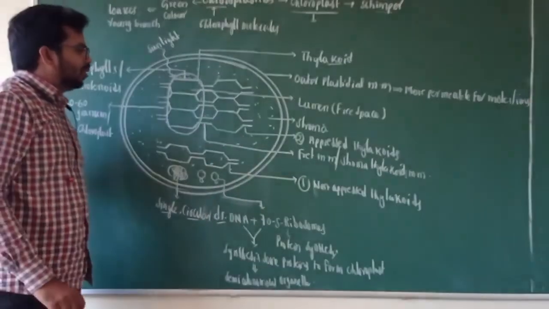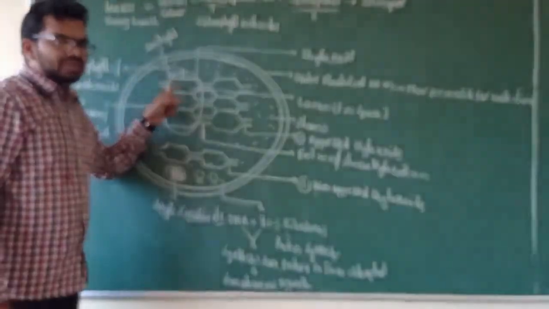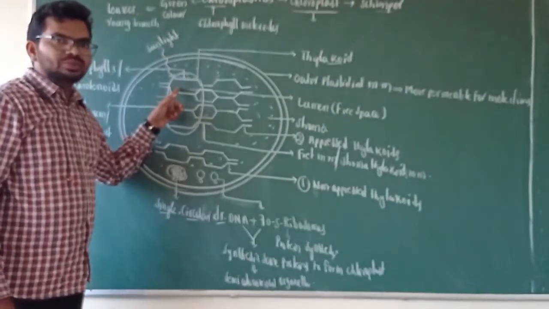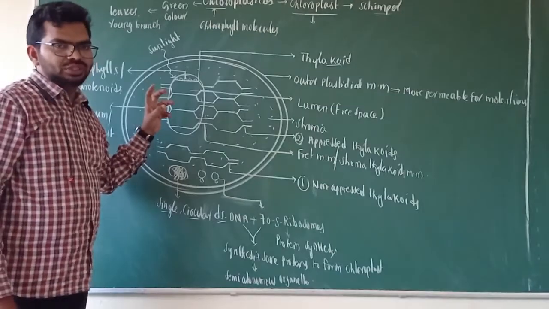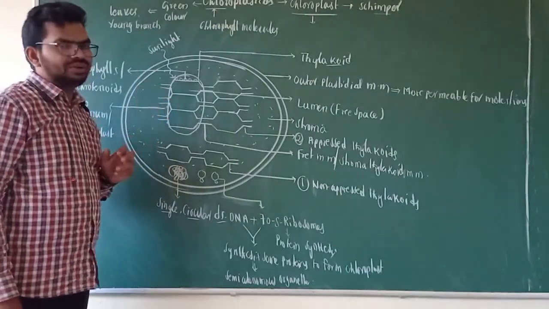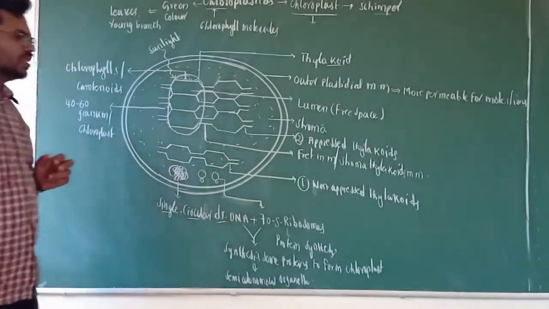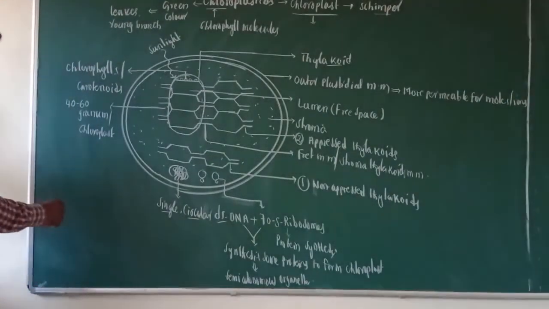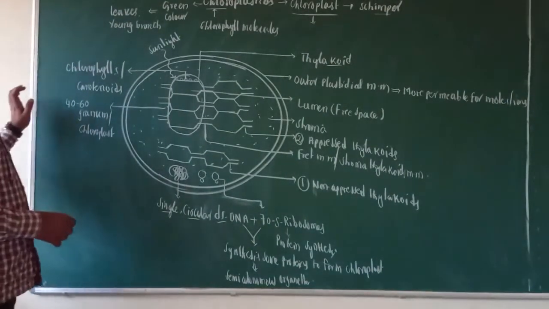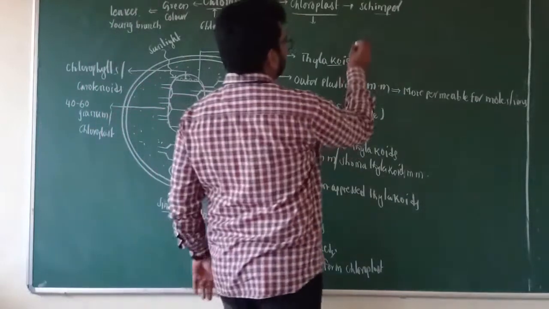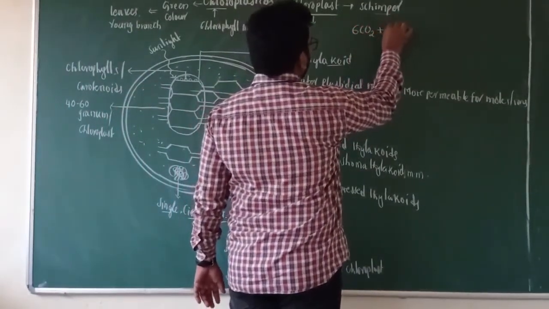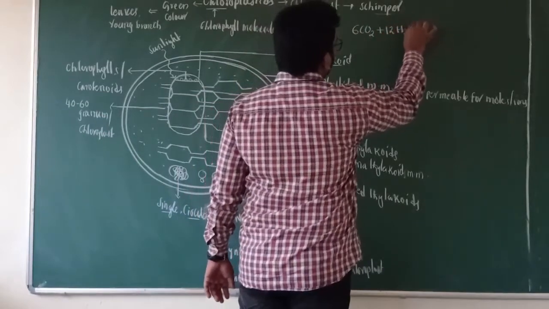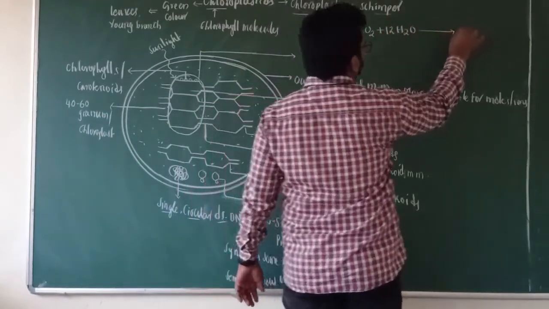Understanding? I told you that the part of the chloroplast which is able to trap sunlight can do what? Photosynthesis. Now you have to remember one thing, the equation of photosynthesis. What is the equation of photosynthesis, children? 6CO2 plus 12H2O is converted into what?